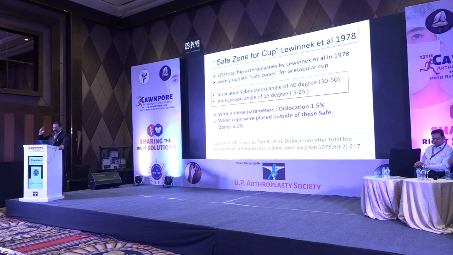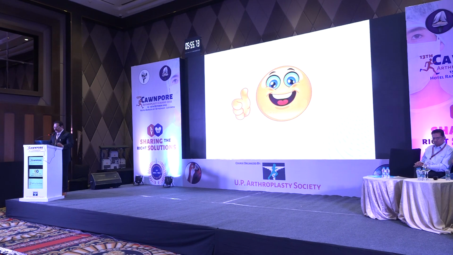If you put the cup in this zone, there are very few chances of dislocation. He showed in his study that within these parameters the dislocation rate is 1.5%, but if the cup is outside the safe zone, the chance of dislocation is 6.1%. And we were very happy.